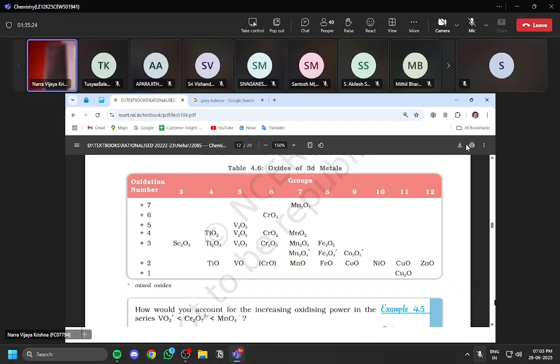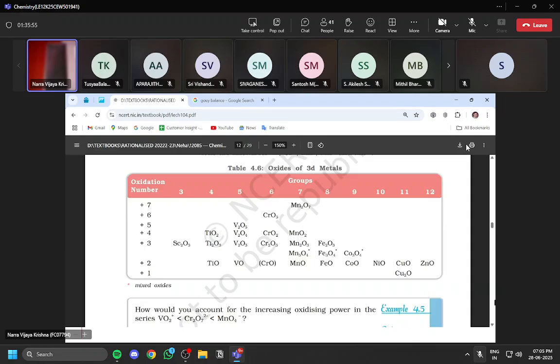In the oxidation states topic we have seen the same. Chromium +2, +3, +4, +5, +6. Manganese up to +7. But iron shows a maximum of +3.